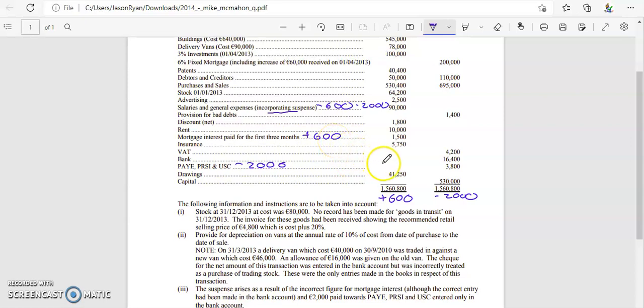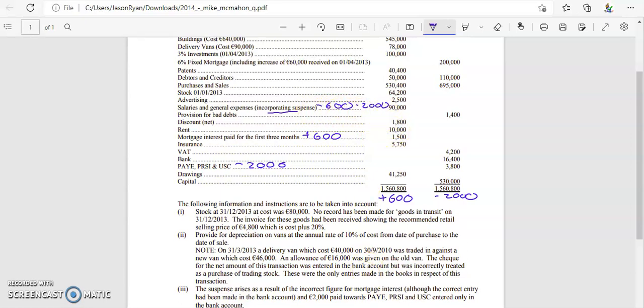If we do that, the debit side is higher than the credit side, and because our general expenses is on the debit side, if we take away the 600, then the two sides are the same. And then for our PAYE PRSI, the credit side is 2,000 less, so we need to take 2,000 away from our general expenses to make sure the debits and credits are the same as well.